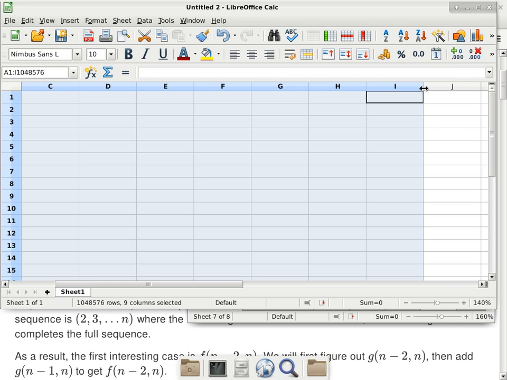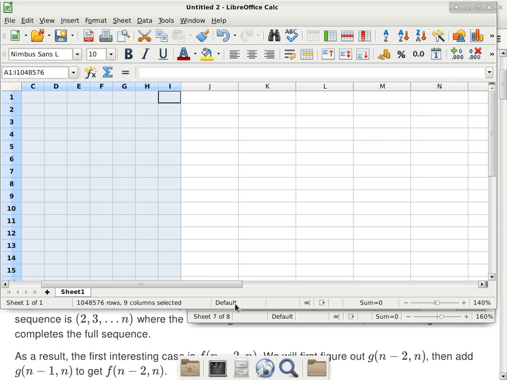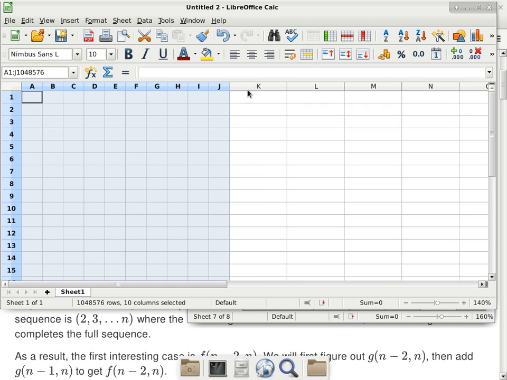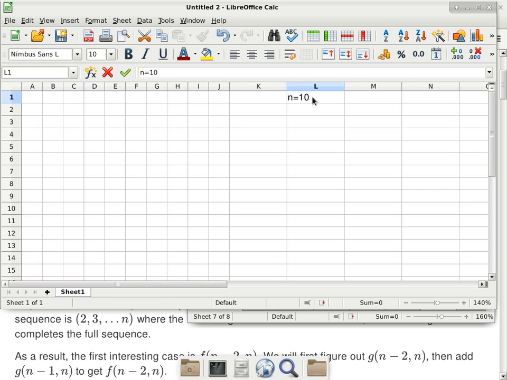Okay, when n equals 10. Let's see, 1, 2, 3, 4. I think I'm missing 1, so j has to be a part of this too. All right, so we're looking at the case where n equals 10 and r equals 10.